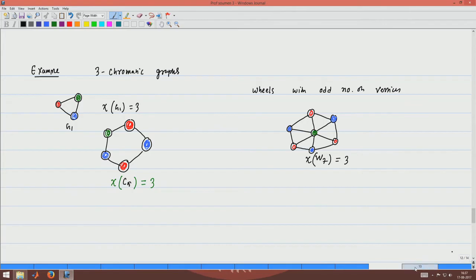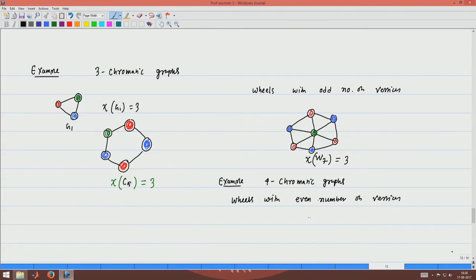Now, we give examples of 4-chromatic graphs. So, wheels with even number of vertices have chromatic number 4.